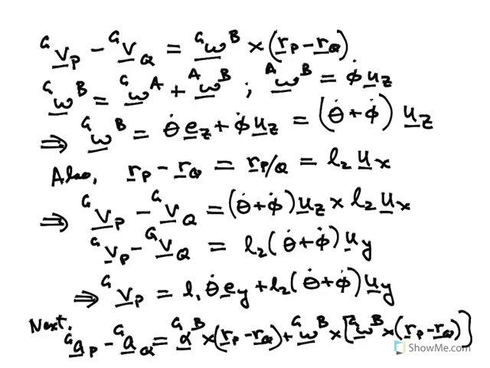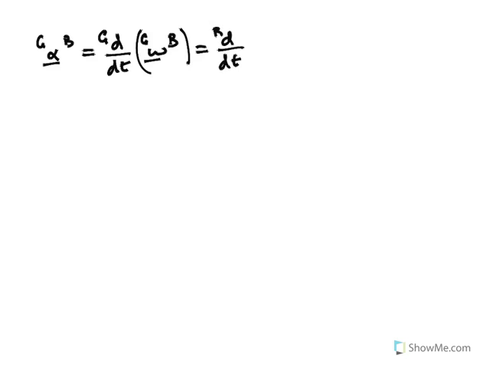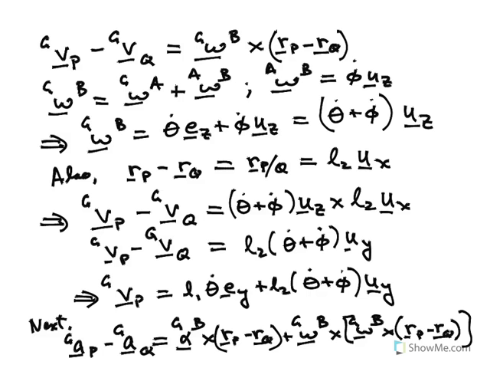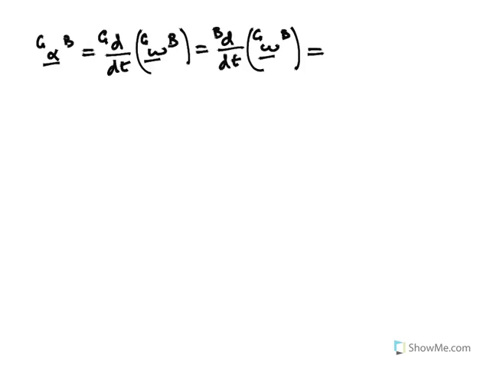Now, let's go through and compute the angular acceleration because we need it. The angular acceleration of B in G is equal to the rate of change in reference frame G of the angular velocity of B in G, which is also equal to the rate of change in B of the angular velocity of B in G. But the angular velocity of B in G, as we had from before, is theta dot plus phi dot times uz, and uz is fixed in reference frame B.